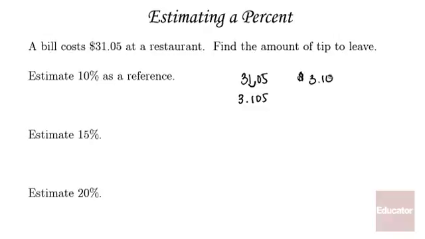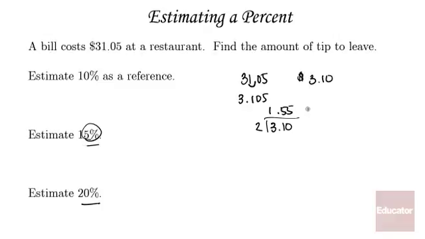Now estimate 15%. Some people leave 15% and some leave 20%. If you want to estimate 15%, take half of the 10%, which is the 5%. Half of $3 is $1.50, and then half of 10 cents is 5 cents, so $1.55.